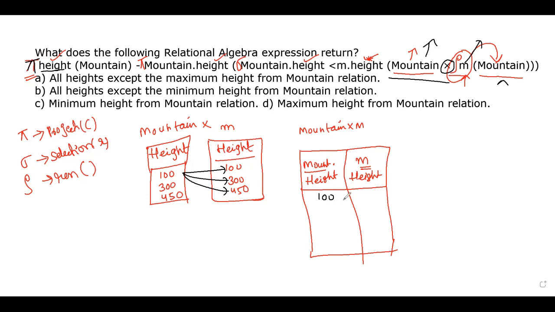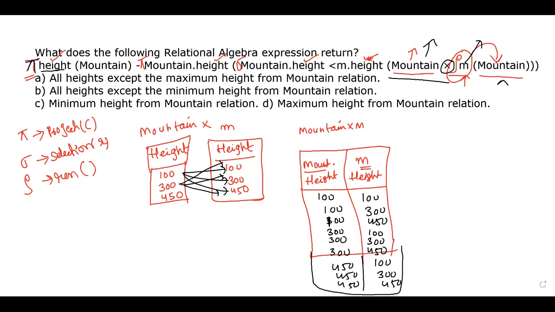The cross product of this 100 gives 100, 100, then 100, 300, then 100, 450. Next, 300, 100, 300, 300, 300, 450. Again for 450, we get 450 with 100, 300, 450.